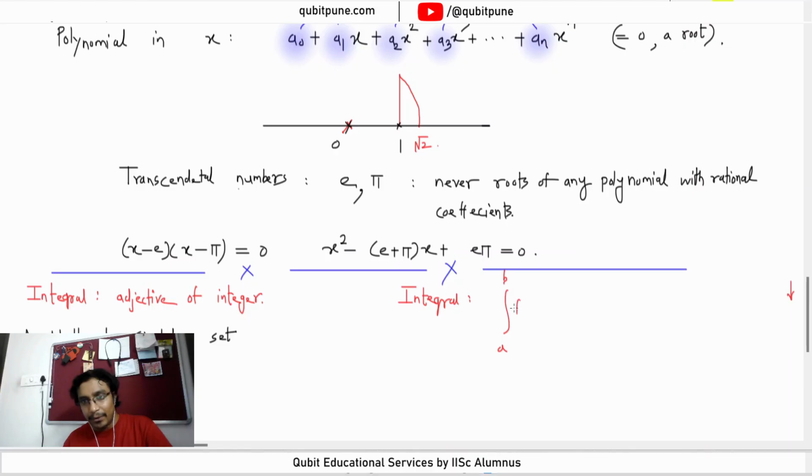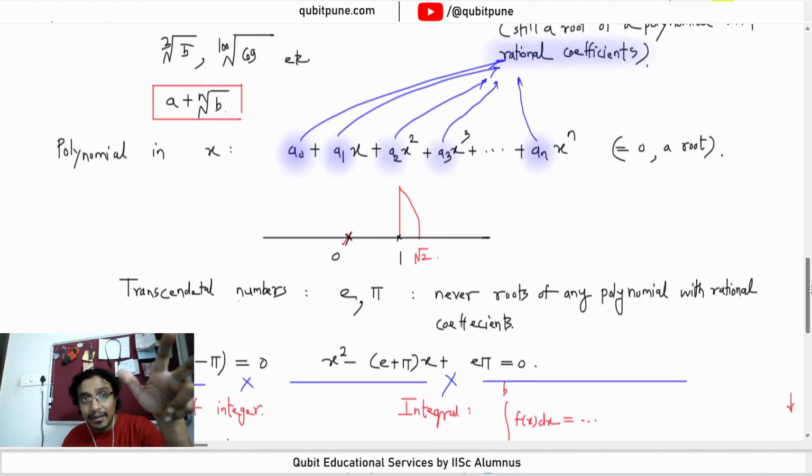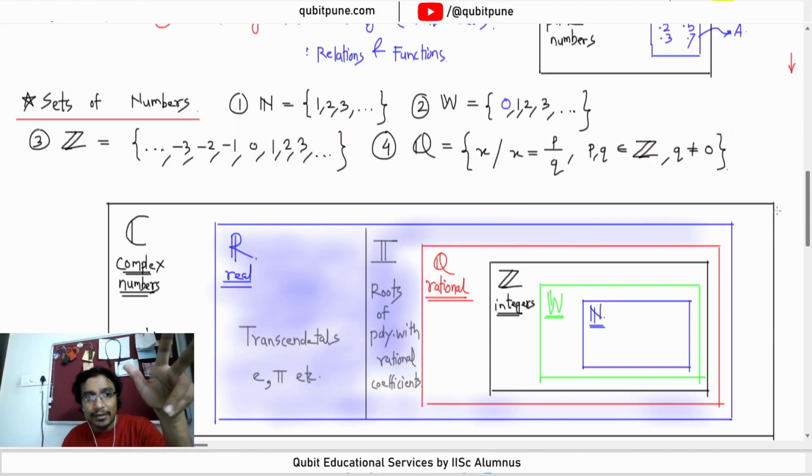So I hope you know how to decide whether it means the adjective of integer or the calculus integral. Integral values of x, what does that mean? Integral values of x mean the values of x which belong to the set of integers.